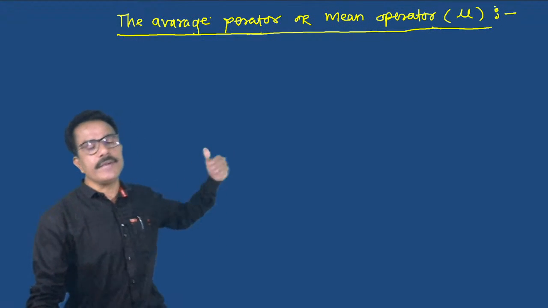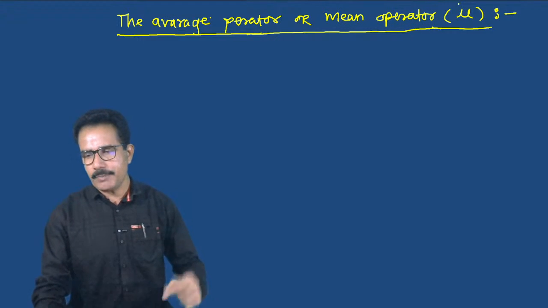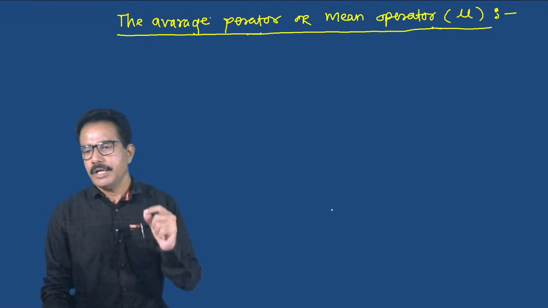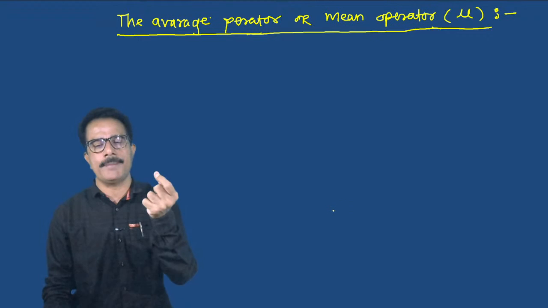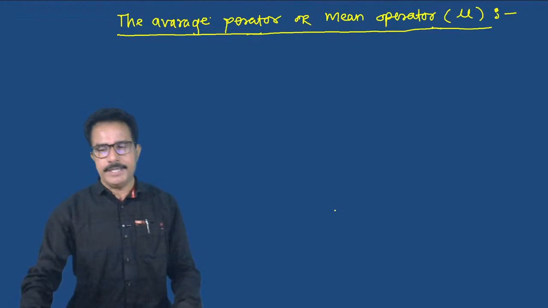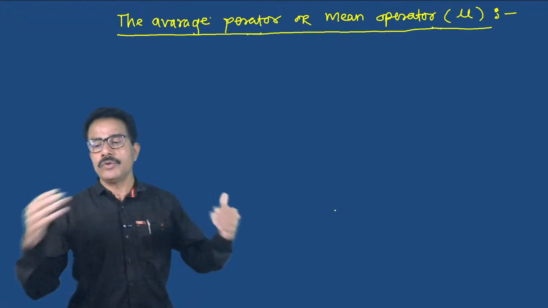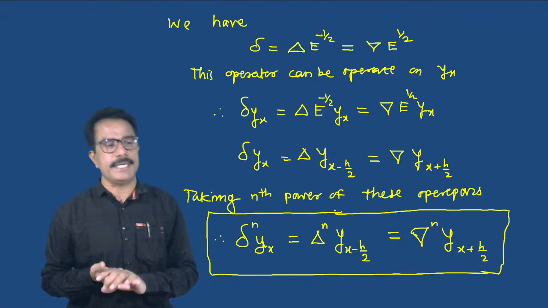Now we shall define the second operator, that is the average operator or mean operator. Students, now you tell me how to find out the mean of two elements. Suppose A is one number, B is another number. Then you tell me, let me see who gives the answer. How to find out the mean of two numbers?